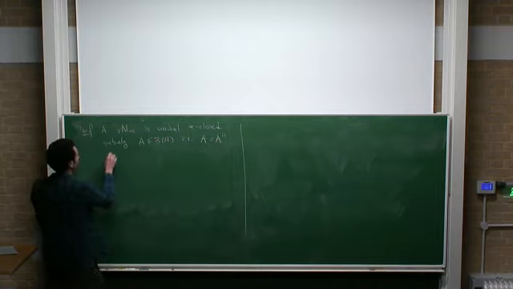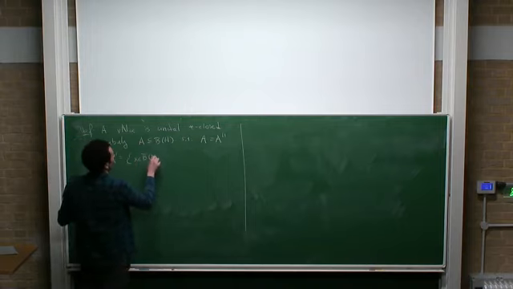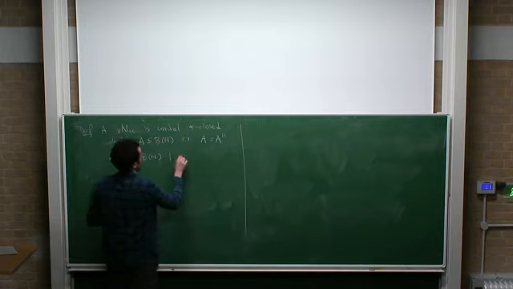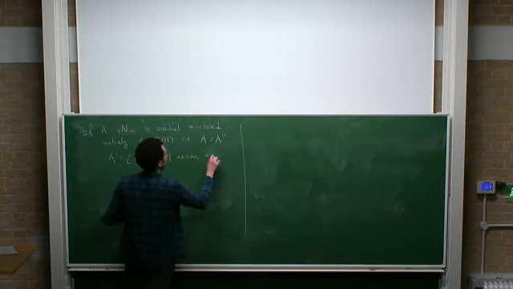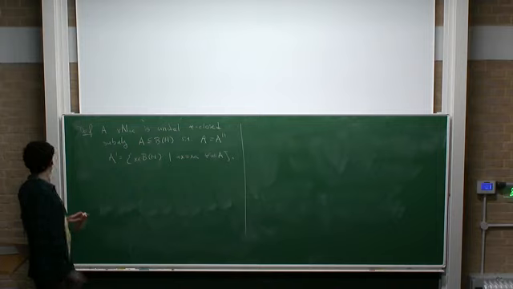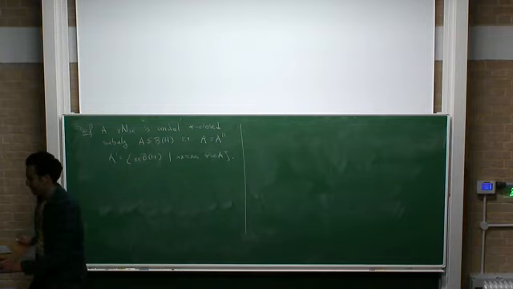So A prime is the commutant: all of the operators in B(H) that commute with A.